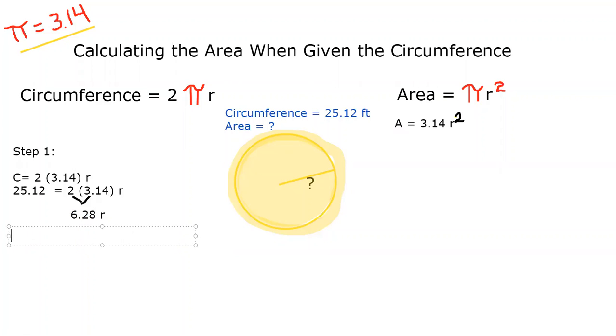Now I'm going to rewrite 25.1200 equals 6.2800 times R. We need to get the R alone. Opposite of multiplication is division. I'm going to divide 6.2800 on both sides.